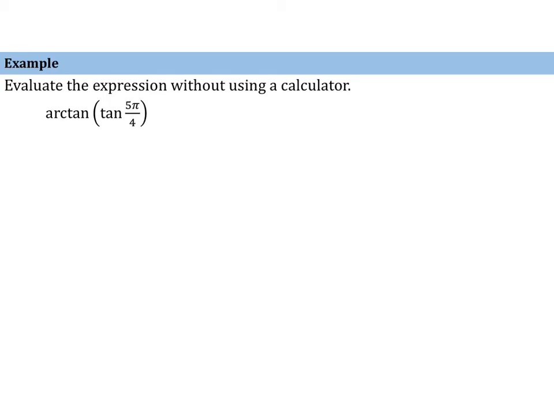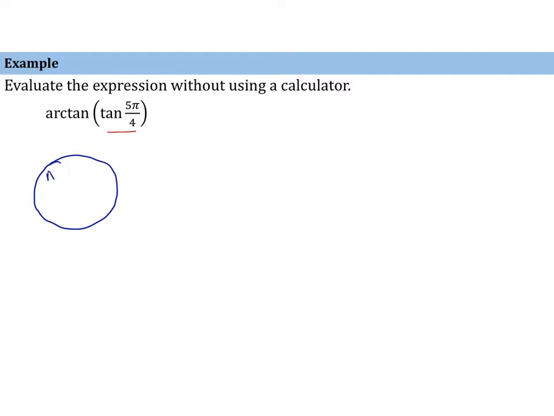So let's evaluate arctangent of tangent of 5 pi over 4. So this one is different than the previous examples. You'll notice here our inside function corresponds to our trig function, and the outside function is the inverse trig function. So let's begin again by drawing the circles just to gain our bearings.